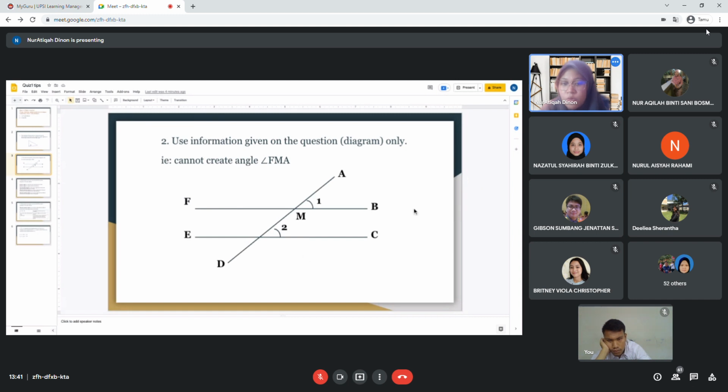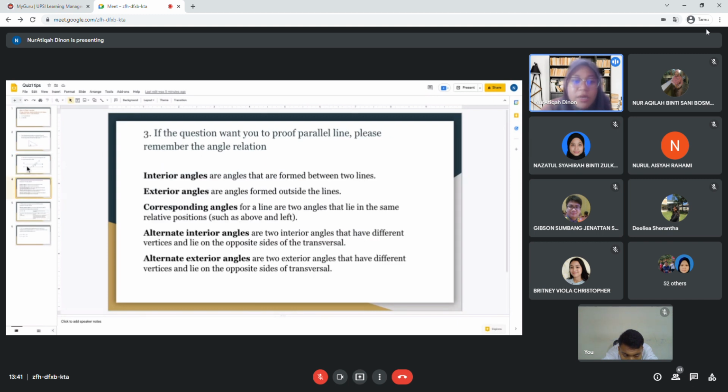When you conduct your two-column proof, don't use any other angle that is not written in the question, even though in the diagram there are 6 more angles you could get. You cannot do that. Just use only the information given in the question.